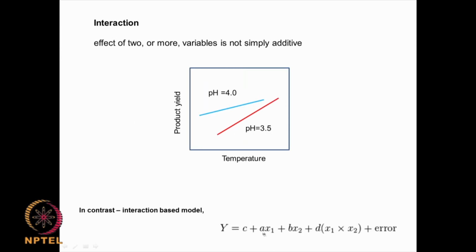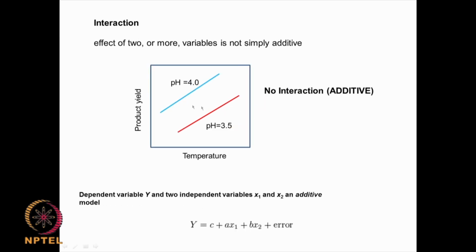We may have to write y equal to c plus ax1 plus bx2 plus d x1 into x2, this is called the interaction x1 into x2. As you can see here, at pH 3.5 it is consistently going up when you change temperature, whereas at pH 4 it is going up and then sort of flattening out. So, it is not like the earlier situation.